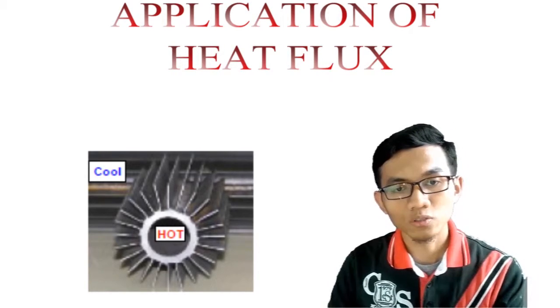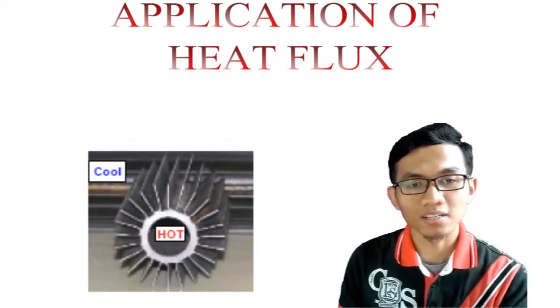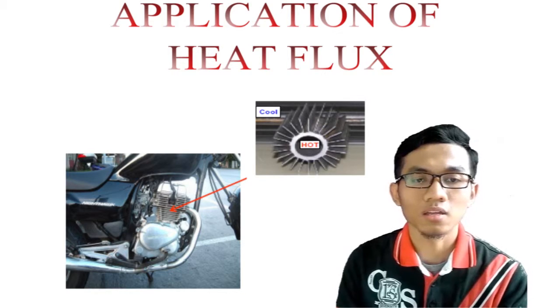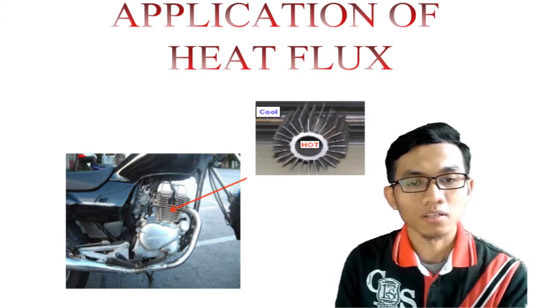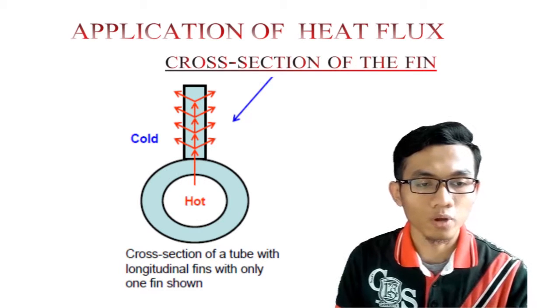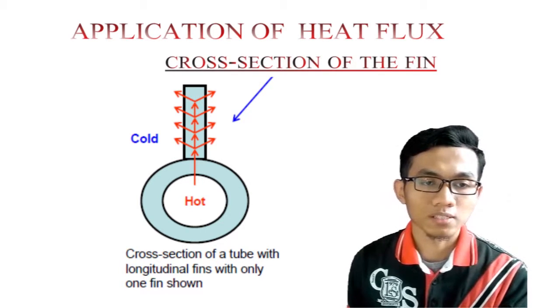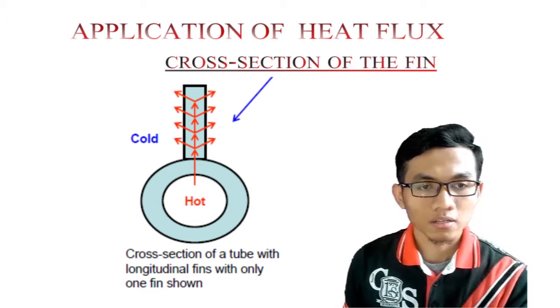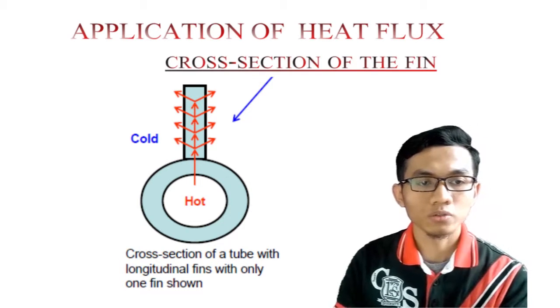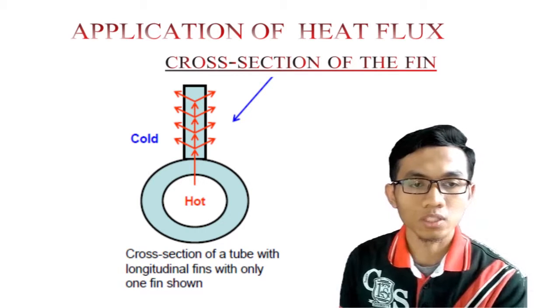Fins are also used to conduct heat from the hot side of the internal combustion engine to the outside cool air in a motorcycle. Here is the cross section of the tube with longitudinal fin, with only one fin shown. As you can see, the hot temperature will flow through to the cool temperature.